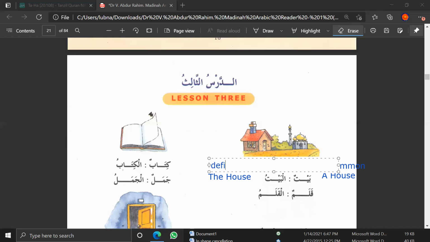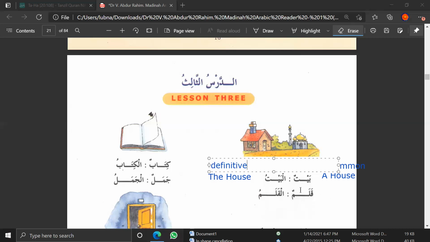I'm determining the house I'm talking about. When I say the house, I'm pointing to a particular house I have in my mind.